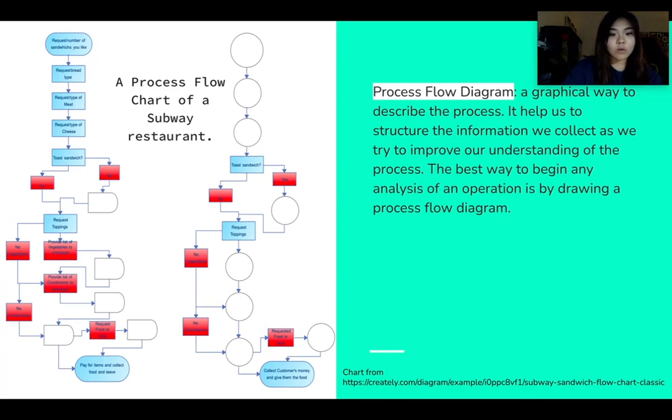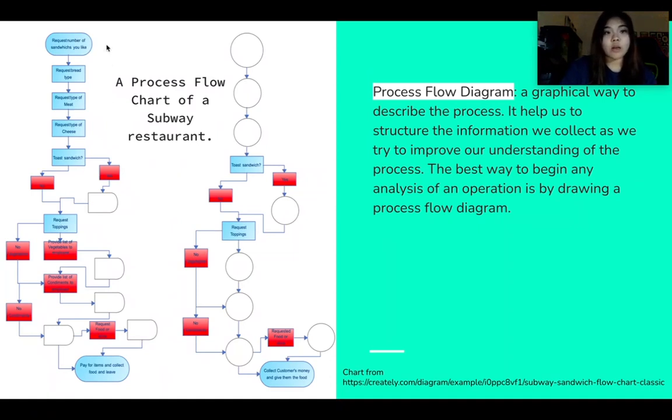On this slide, we have a process flow diagram of a Subway restaurant, for example. These are all the steps that an employee takes to complete the order of the customer.